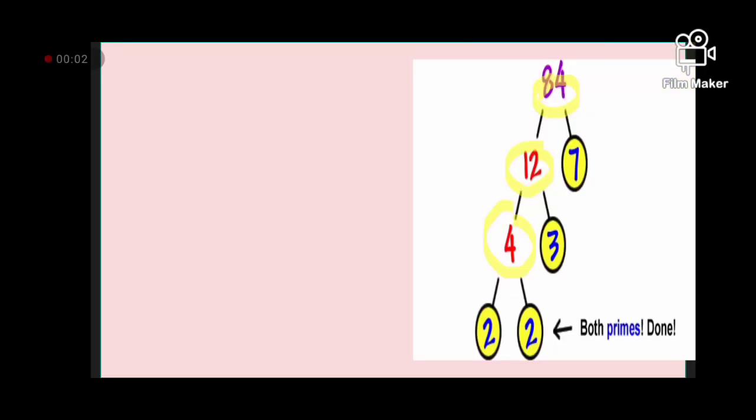Now the factors of 84. First we will split 84 into 2 factors, 12 and 7. Then 12 is a composite number, 7 is a prime number. 12 further splits into 2 factors, 4 and 3, 4 3s are 12. In these factors, 3 is a prime number and 4 is a composite number. So 4 will be further split into 2 factors, 2 and 2, means 2 2s are 4.